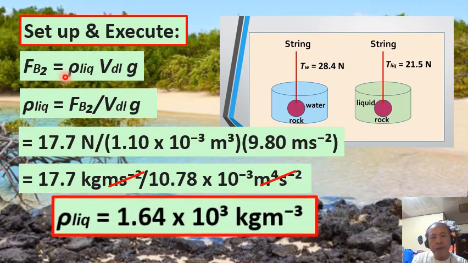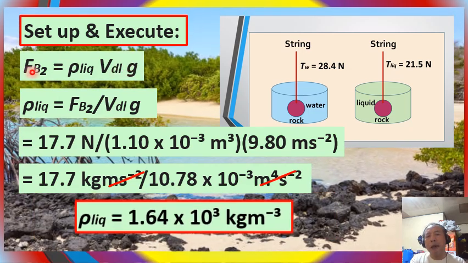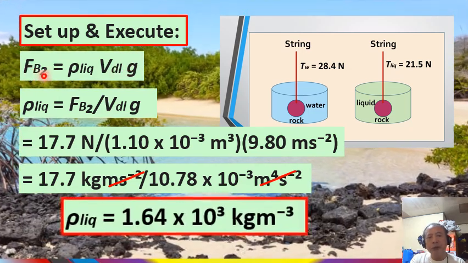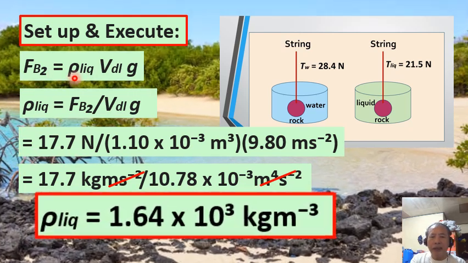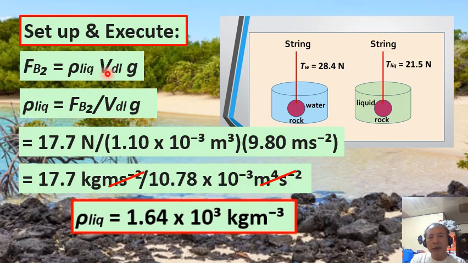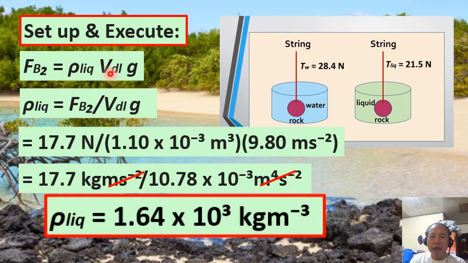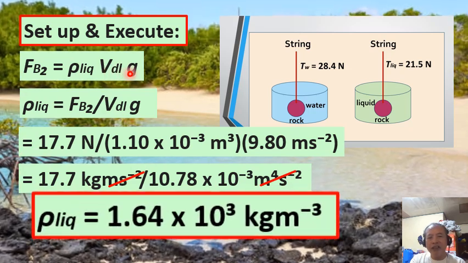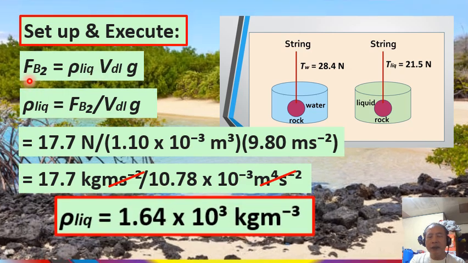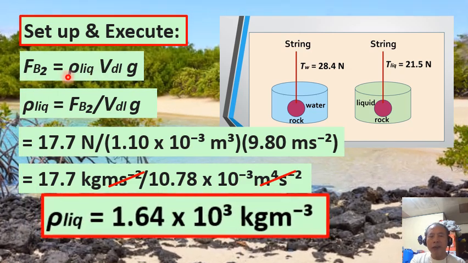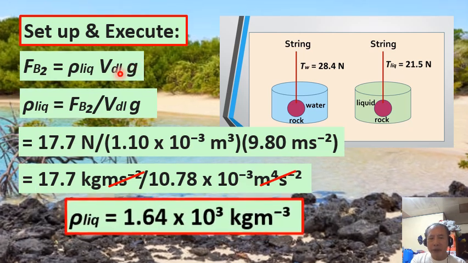And as implied in this formula for buoyant force, we can infer that the higher the density of any liquid, at constant volume of the liquid displaced, the greater is the buoyant force that it can exert on any solid that is immersed or submerged in the said liquid.